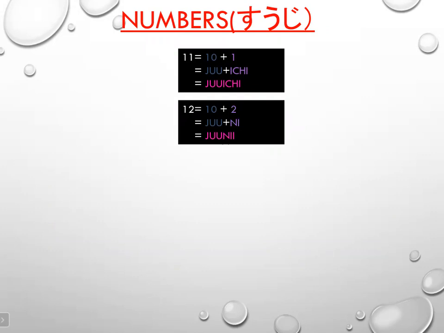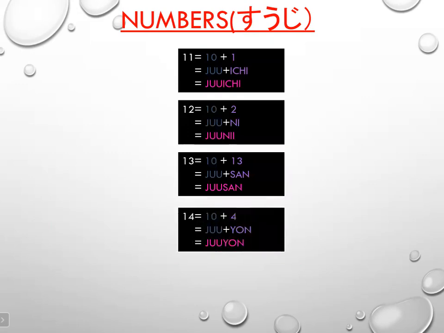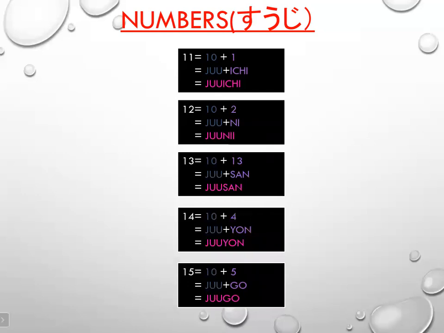So ये बनेगा ju ni. 13 will be 10 plus 3, so it will be ju san. 14 will be ju yon. 4 in Japanese is yon, so it will be called ju yon. 15 is 10 plus 5, so it will be ju go.